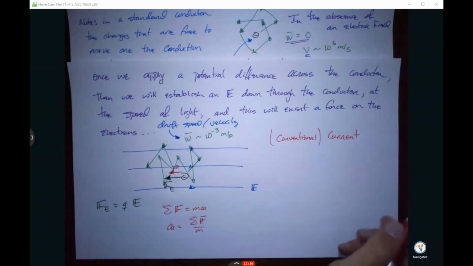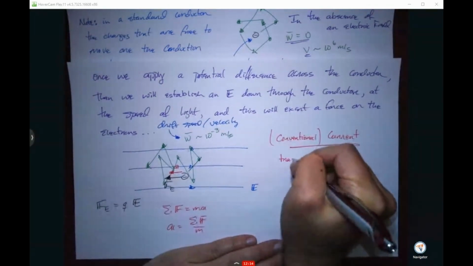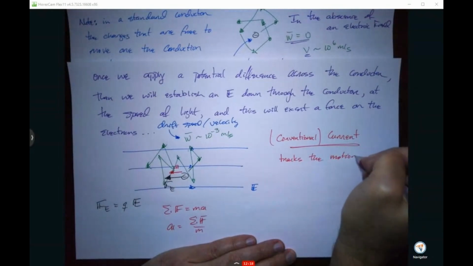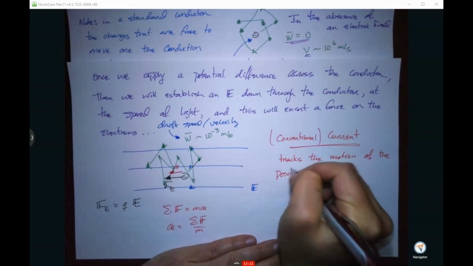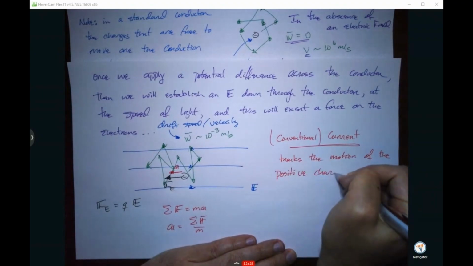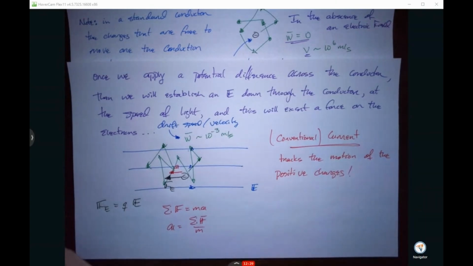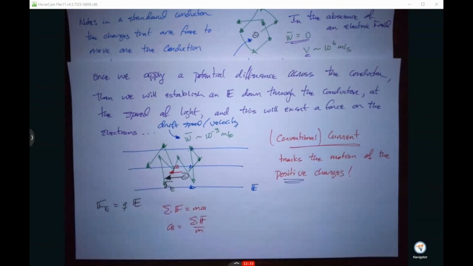Okay, so when we talk about the conventional current, it basically tracks the motion of the positive charges. And you're like, but the electrons are the ones that are moving in our standard conductor. And I'm like, yeah, that's an unfortunate kind of thing.